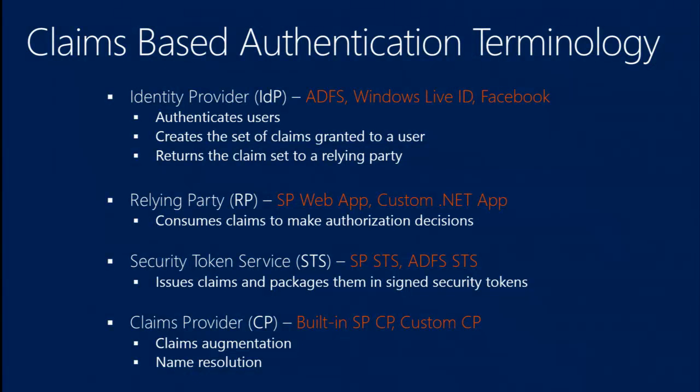The one important thing to remember here is that when you configure a web application to use SAML-based authentication, the built-in SharePoint claims provider will not provide search functionality to the people picker control. So any text that you enter in the people picker control will resolve, regardless of whether it's a valid user, group, or claim. So if you're planning to use SAML token-based authentication, you must plan to create a custom claims provider so you can implement custom search and name resolution.